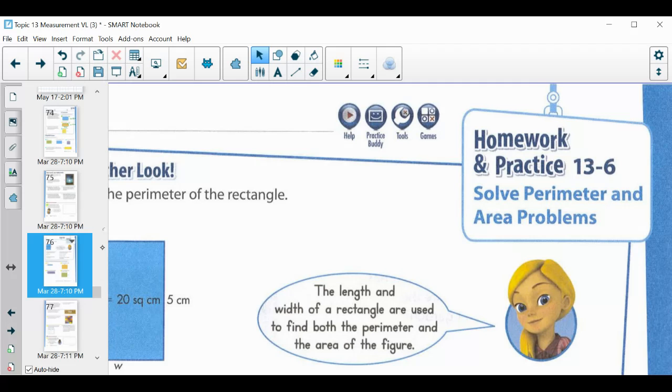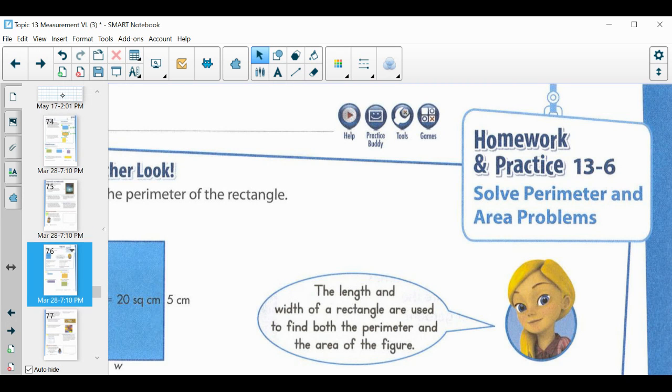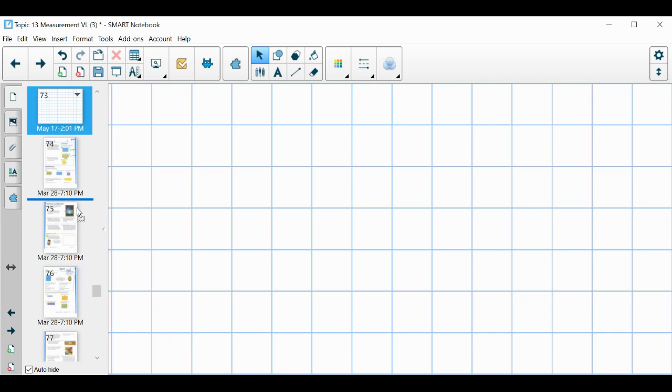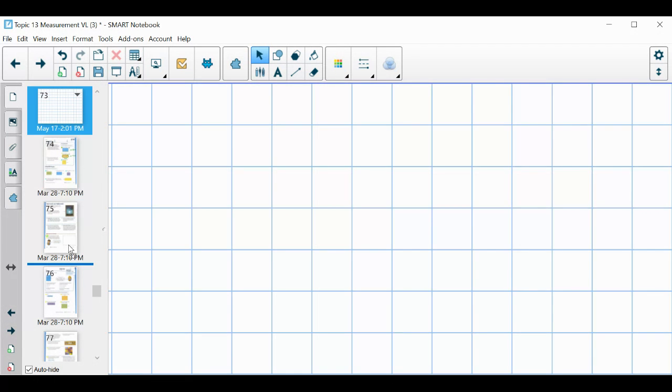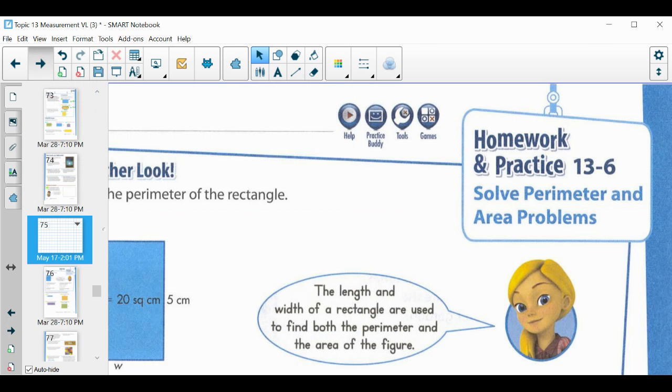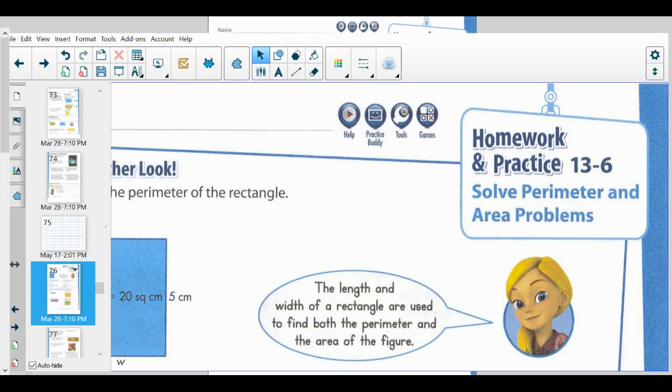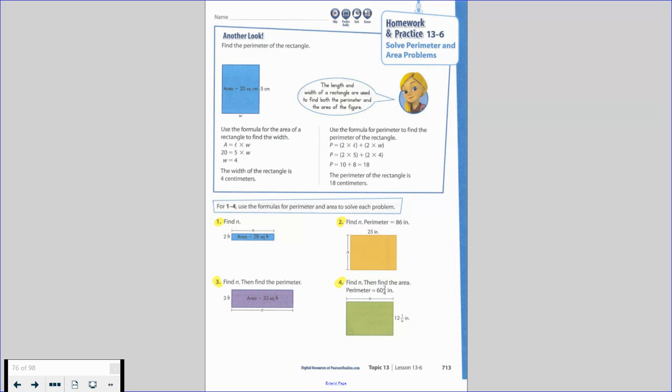My grid paper is not where I want it, so please be patient with me as I try and move my grid paper. Okay, now we're good to go. Thank you for being patient with me. Okay, so page 713, we're going to look at some of these together, and then we're going to ask you to try some on your own.